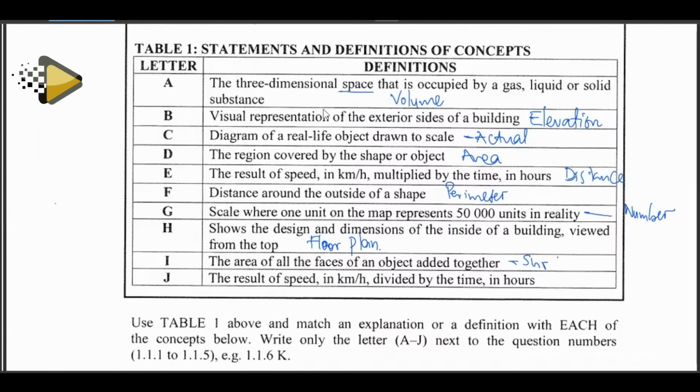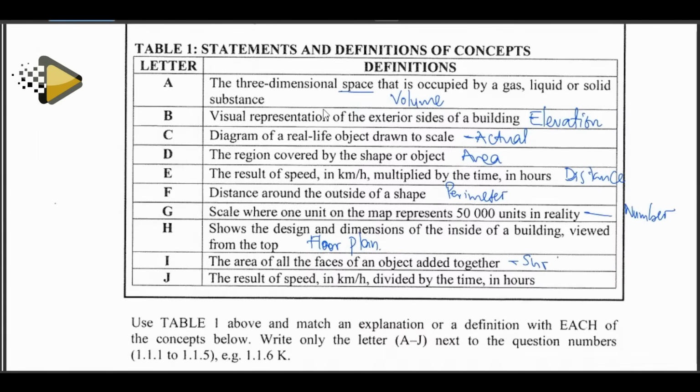Total surface area. Then the result of speed in kilometers divided by time. It has never existed. Speed divided by time does not work out that way. And also this one here does not make sense. Okay.